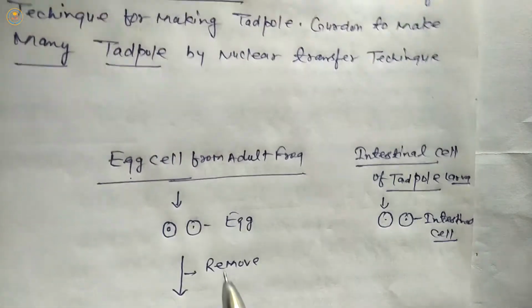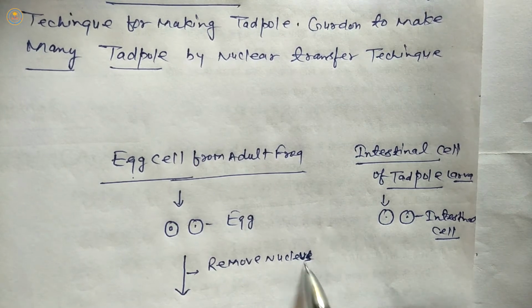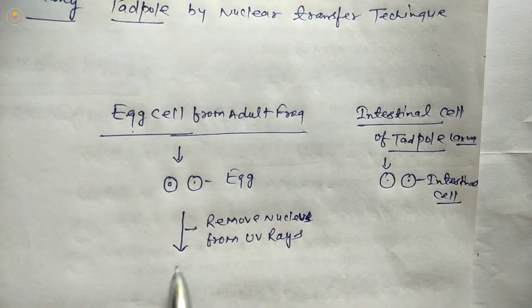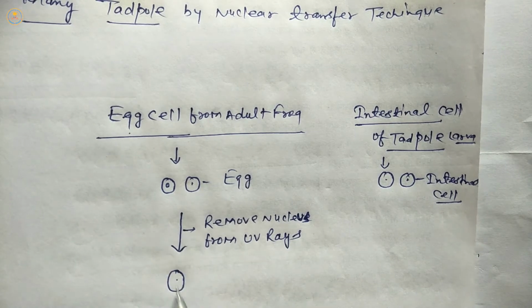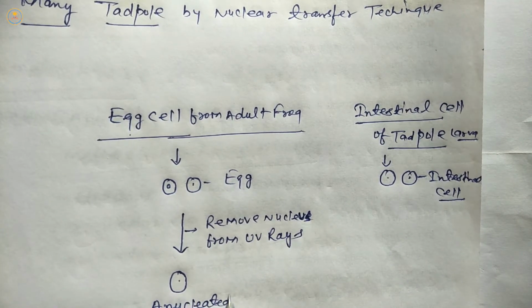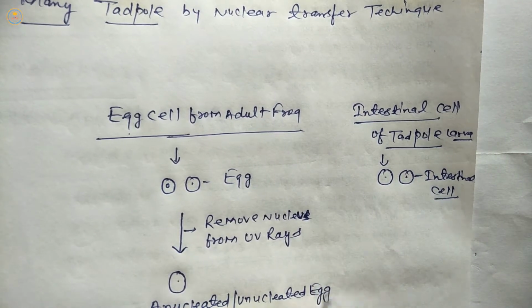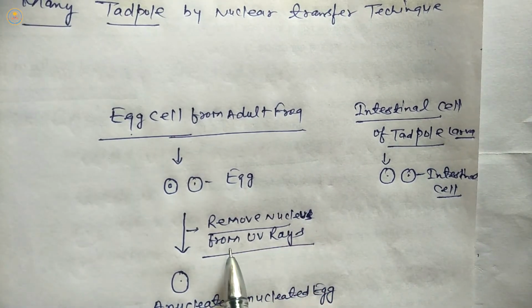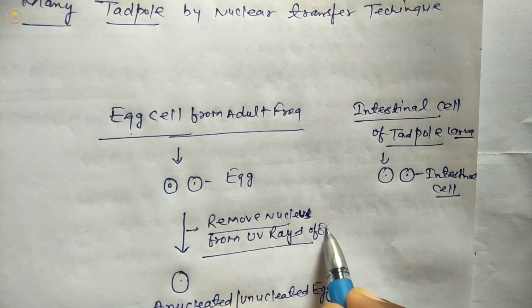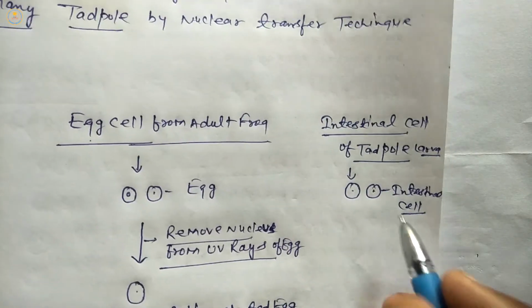Next, remove the nucleus from the egg by UV rays, it means ultraviolet rays, and get an unnucleated or anucleated egg.